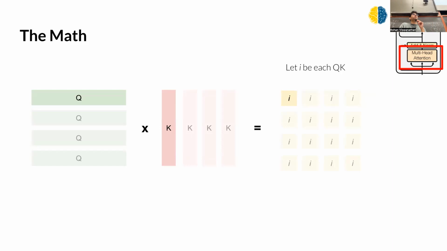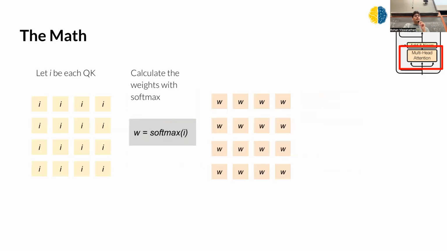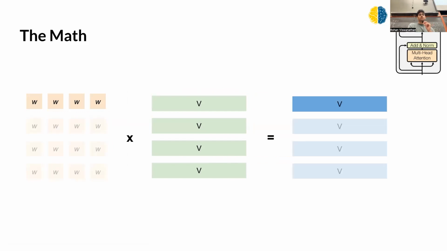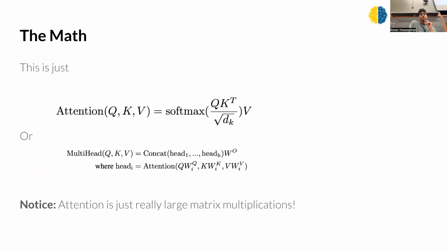This is simply a batch matrix multiplication operation. Now we can treat these as weights by applying a softmax to get a weight matrix where these are now normalized, and then simply multiply that weight matrix by our value matrix. By doing one more matrix operation, we have, voila, our weighted sum and updated values. So we're doing another multiplication to get our final values.